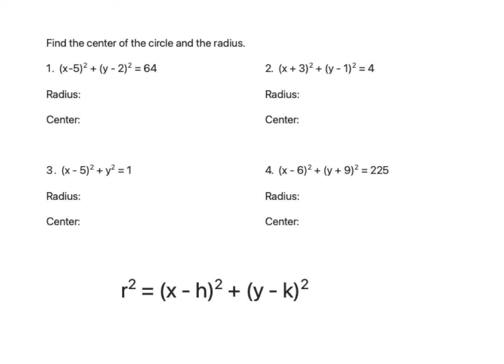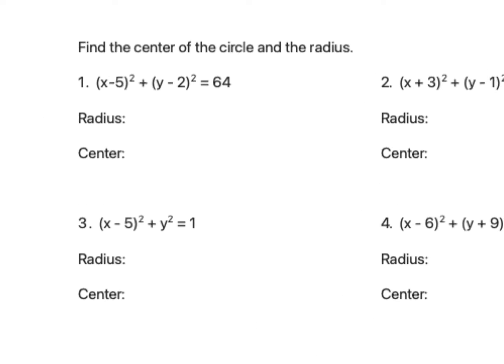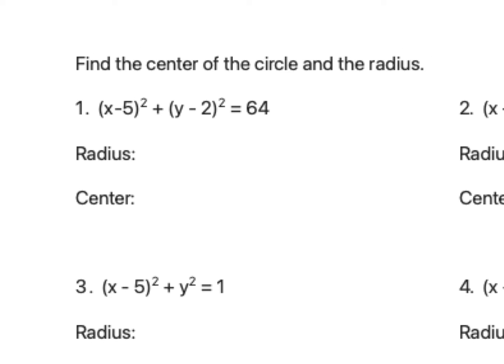So what we're going to do is look at some equations here. We have an equation of a circle. What I want you to notice is, first of all, there's an x and there's a y. That's part of the equation. That does not have a number value with it. The other thing I want us to notice is over here by itself, r squared.